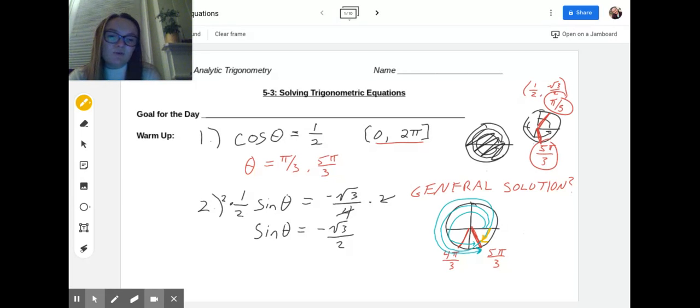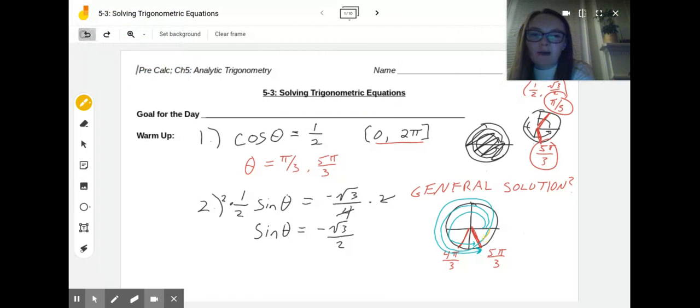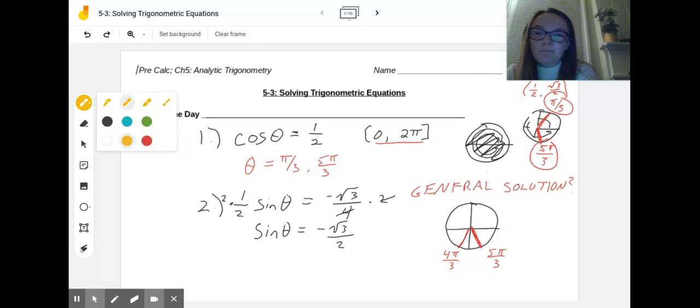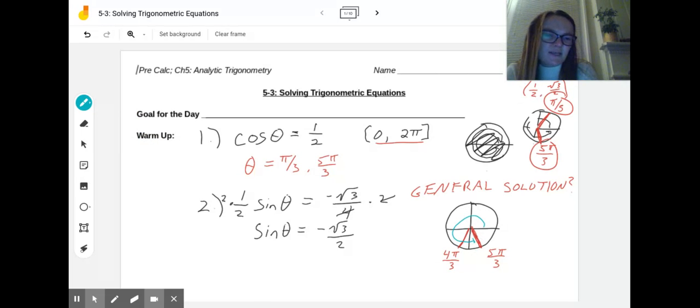So what we can do here is think about it like this. The most basic way for me to get one of the solutions again is to do what? Well, let's think about it. The first solution looks like this. The second solution could be going all the way around the unit circle, which is 360 degrees, or 2 pi radians.